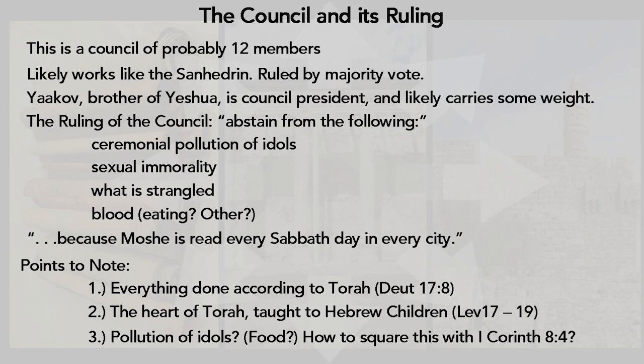A family pet, gifts of all different kinds, money, tokens, all kinds of different things are sacrificed. Family pets are sacrificed to idols, not just food. So this is talking about ceremonial pollution of idols. It's talking about all kinds of idolatry.